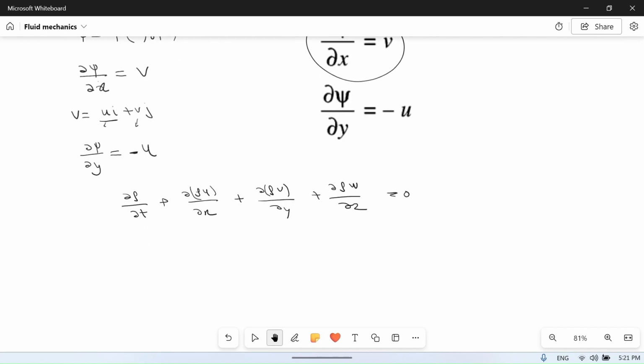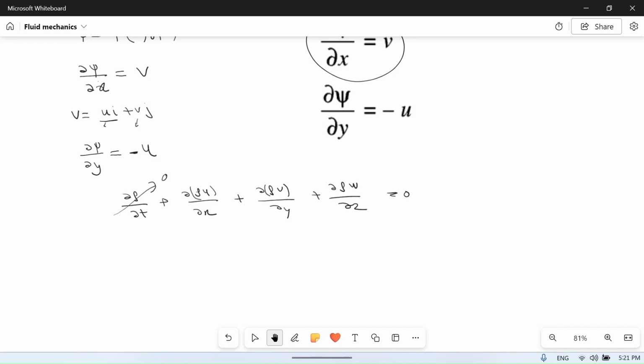So if we consider incompressible flow, then del rho upon del t will become 0, which means change of density with respect to time. If the fluid is incompressible, then density will never change with respect to time, so it is 0.